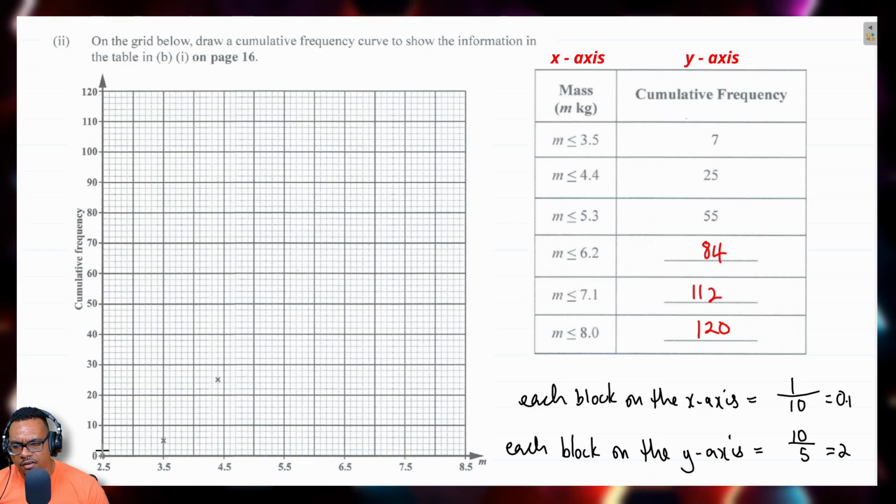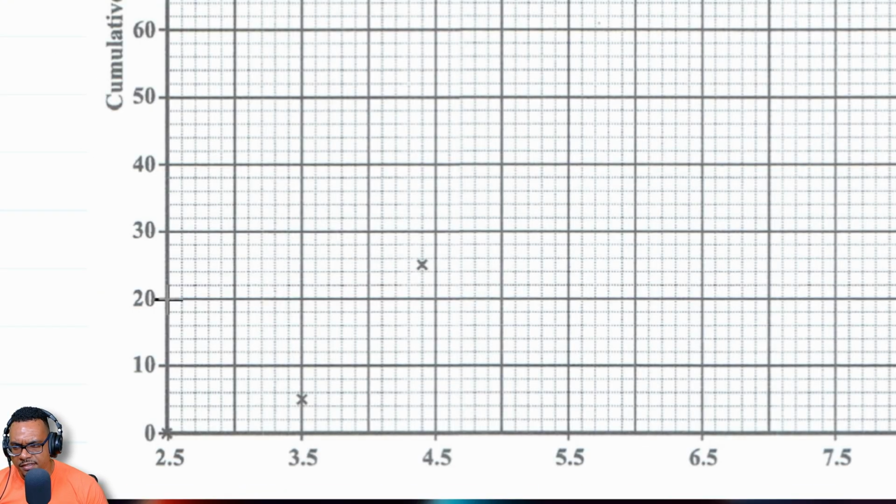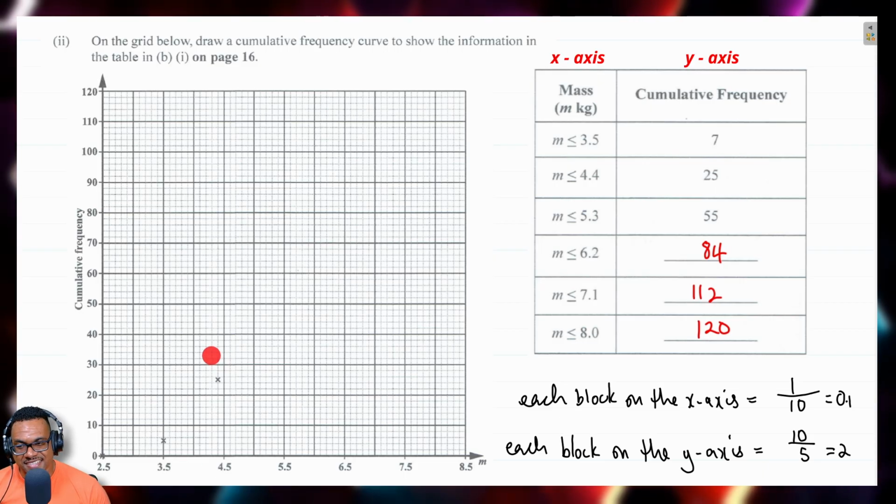Therefore, every little block on the y-axis would be 2. So when you come here now, we have 20, 22, 24, and here's 26. So between 26 and 24 will be 25. And that's why this x here is in the middle of 24 and 26 for it to be 25. So now that we have established that, let's plot the rest of the points.